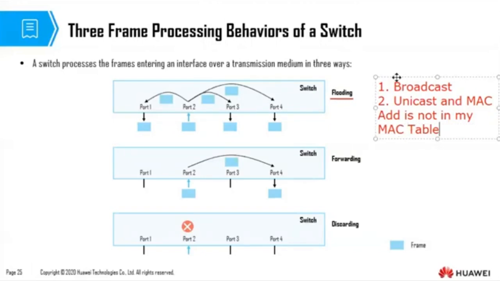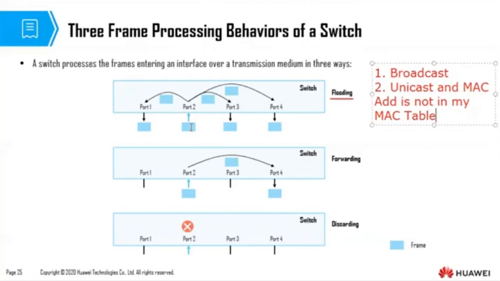Flooding simply means sending it out through all the other ports other than the port that received that particular frame. So I have 4 ports: port 1, port 2, port 3, port 4. I receive a broadcast packet on port 1. I'll send it out through port 2, port 3, and port 4.